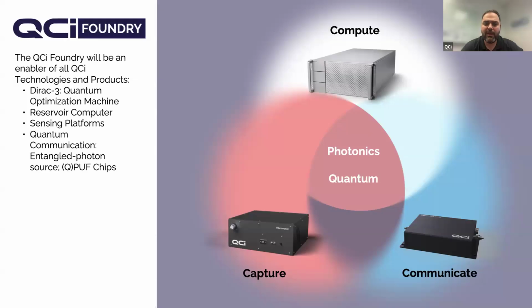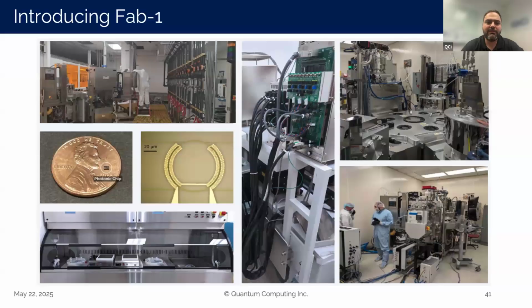But the quantum applications are so demanding that we basically need a dedicated resource to ensure that we can get high quality devices made exclusively for these applications, to, for instance, increase the quality factor or reduce the propagation losses in waveguides, and these metrics that are common for nonlinear optical devices. So the company strategically decided to build the fab, and the foundry is a byproduct of that. It's been in the making for the past couple of years.